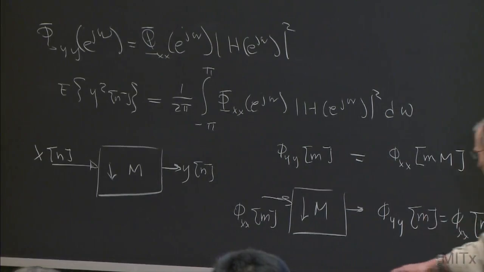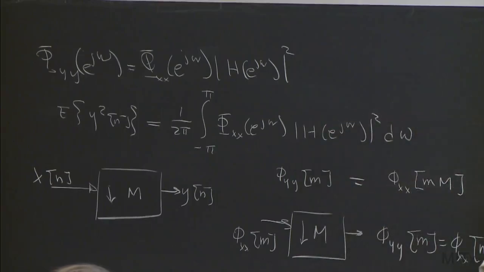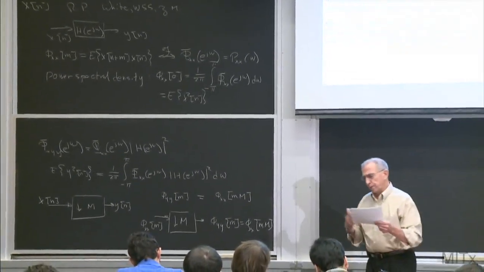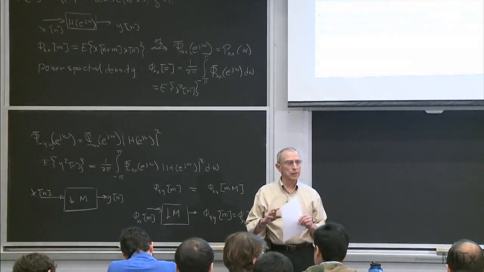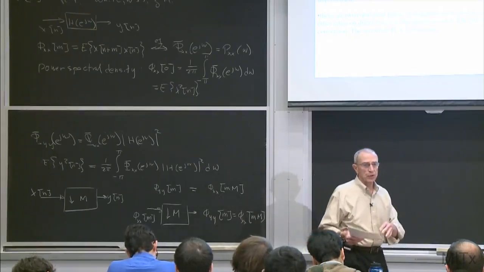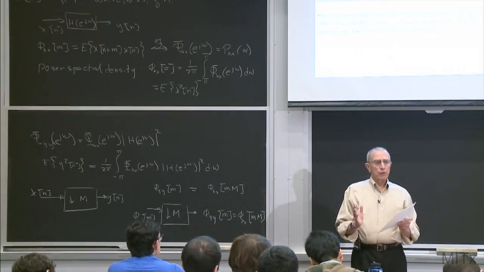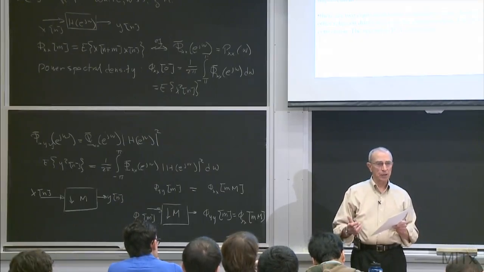Now, also, while I have a decimator up here, I just want to also sort out some terminology, because of some of the dialogue I saw on Piazza and the terminology associated with expanders and decimators. So terms that we've used are upsampling, downsampling, expanders, decimators.